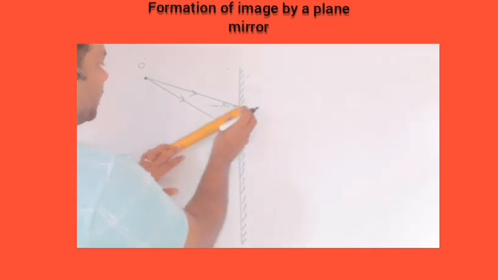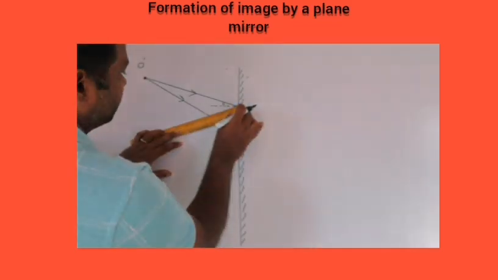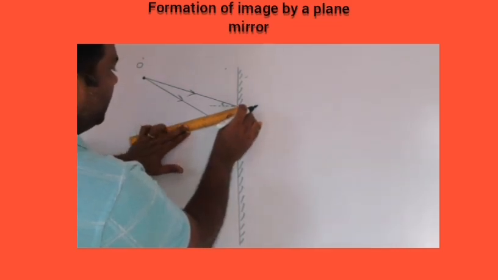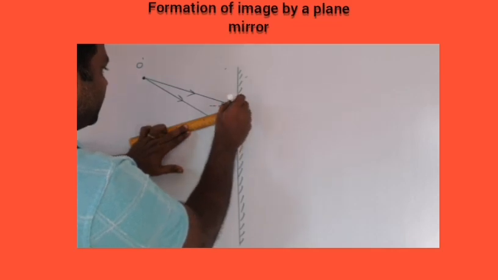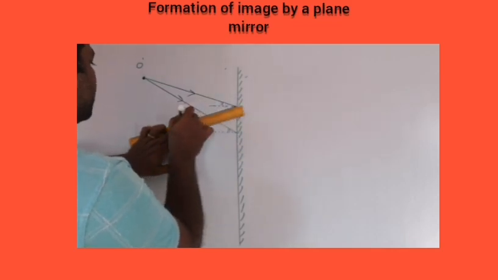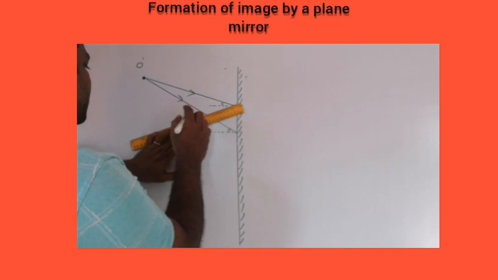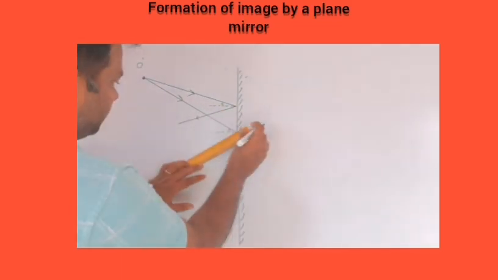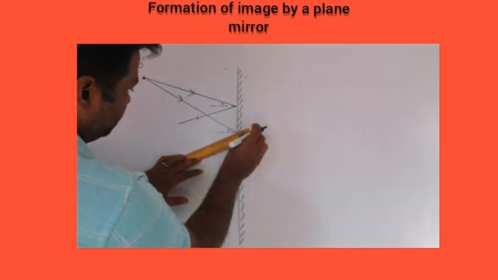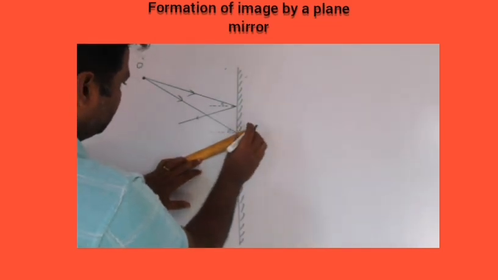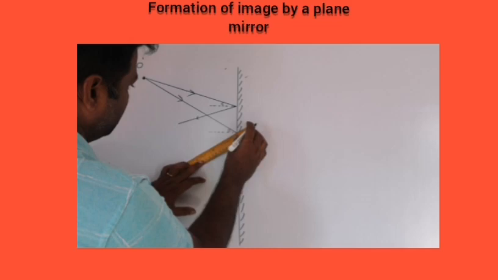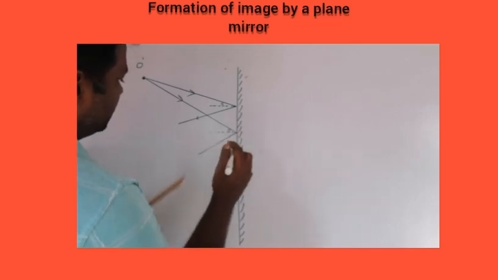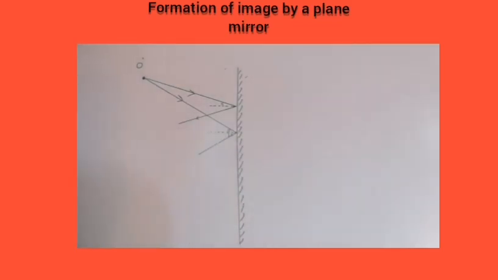Now after bouncing back, because they are incident on the reflecting surface, they will bounce back, and this is the reflected ray, reflected ray 1, and here is one more reflected ray.